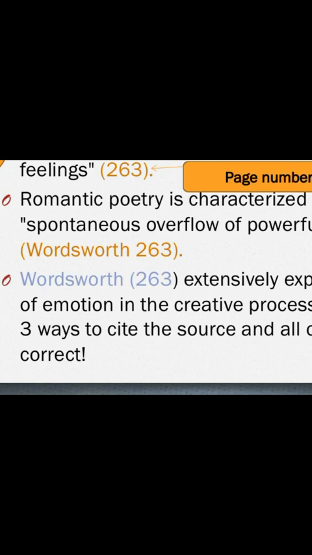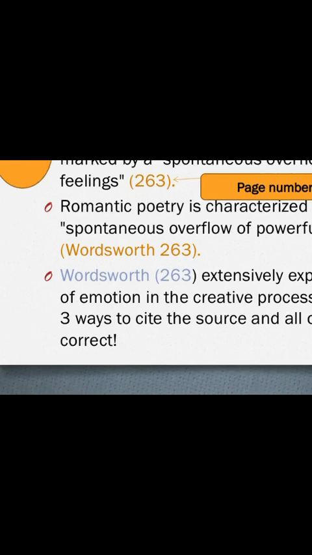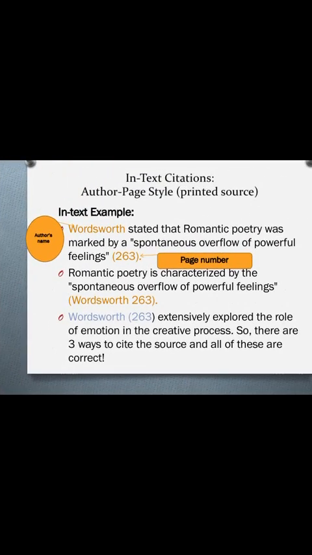So at the beginning, we start with the author and the page number, and then we complete our sentence just like this: Wordsworth 263 extensively explore the role of emotion in the creative process. So this is the way to in-text citation of a printed source with a page number and an author's name.